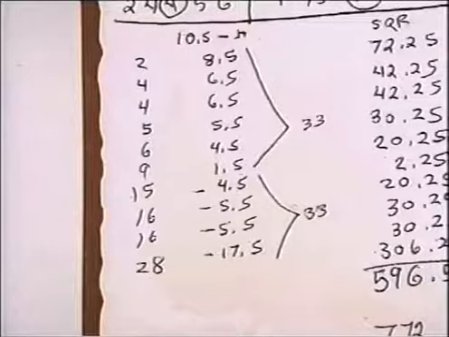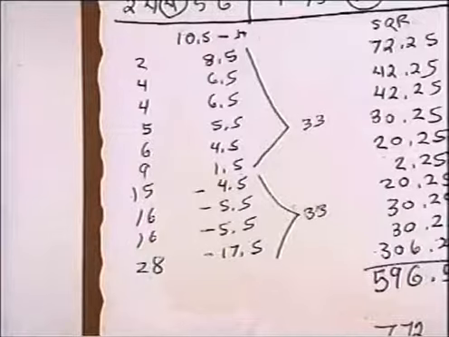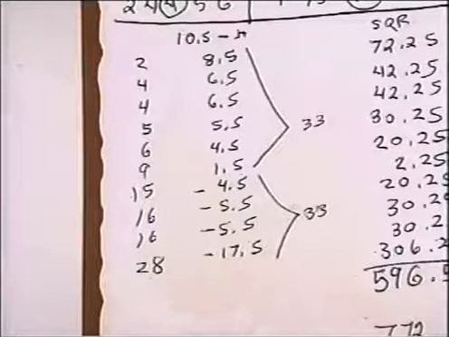In this case, 10.5 plus 16 would give me 26.5. I would not expect anything much bigger than 26.5, and I've got 28. On the lower side, 10.5 minus 16 would be minus 5.5. There's nothing down there, so it's showing me that I'm spread a little bit to the top side.